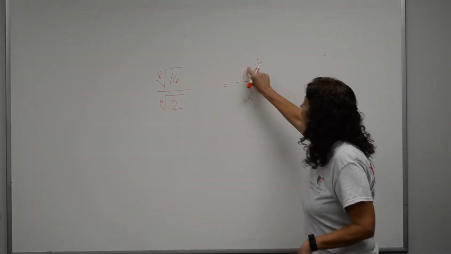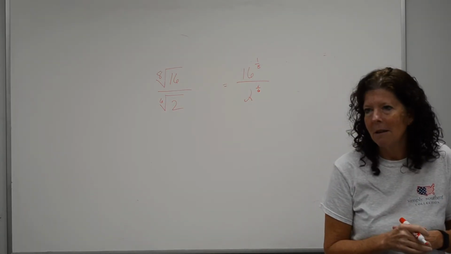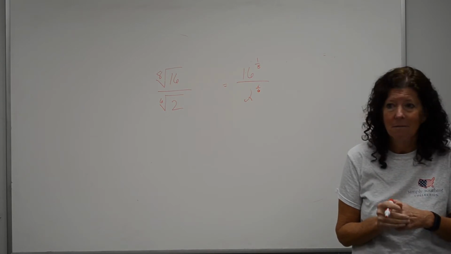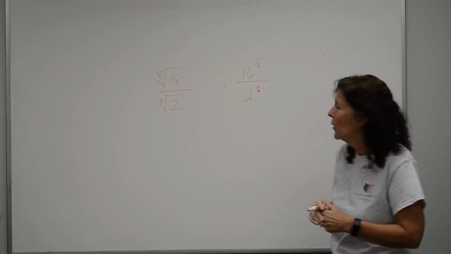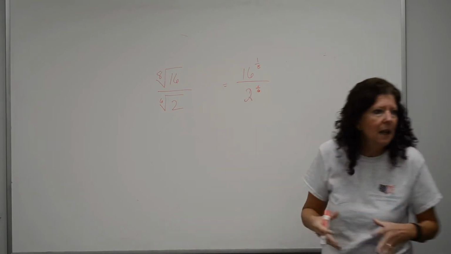If I can make these have the same base numbers, then it's going to help me. Because if the base numbers are the same, what do you do with the exponents? Do you remember that? Subtract them. So is there any way, obviously I can't do anything to the 2. I can't make that any smaller.